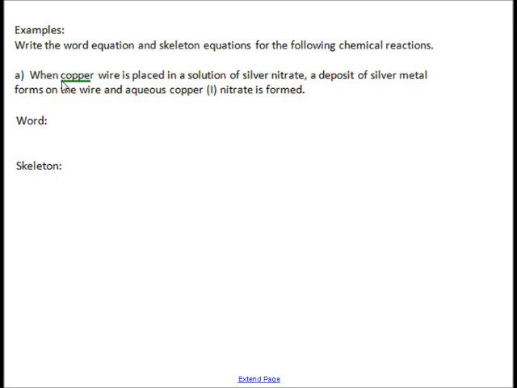Well, we know that we put copper in the container and we put it into a container of silver nitrate solution.